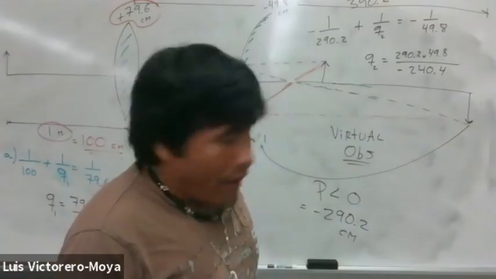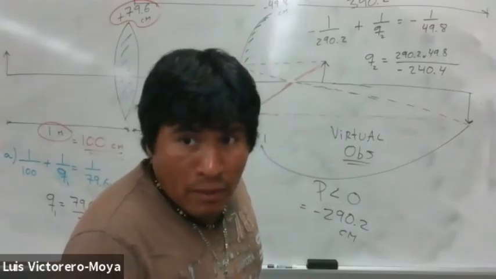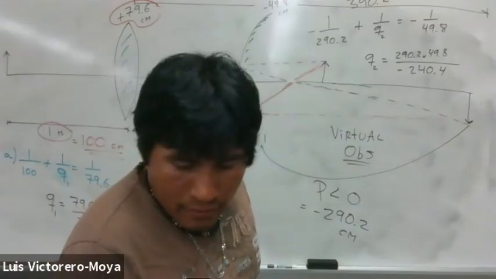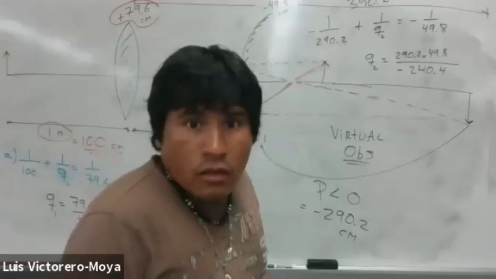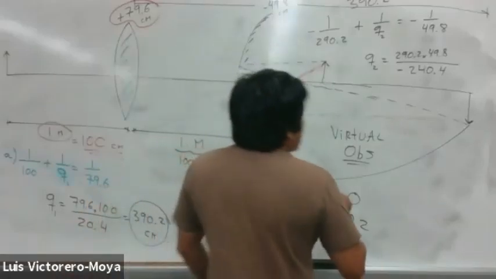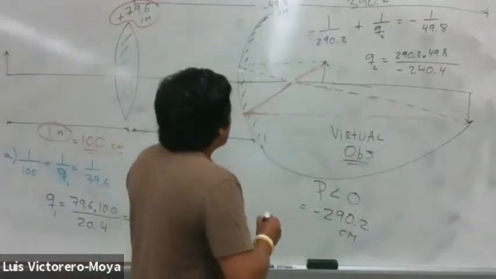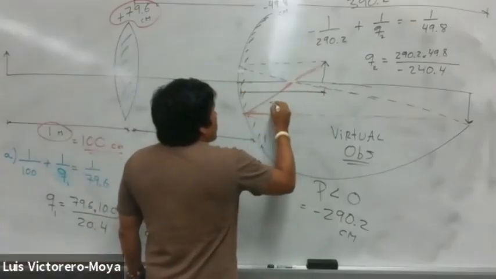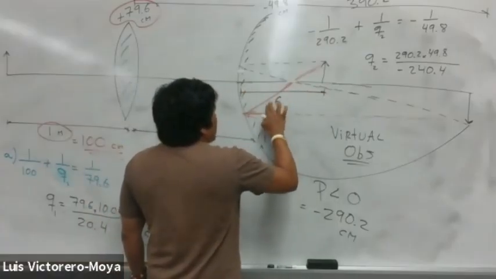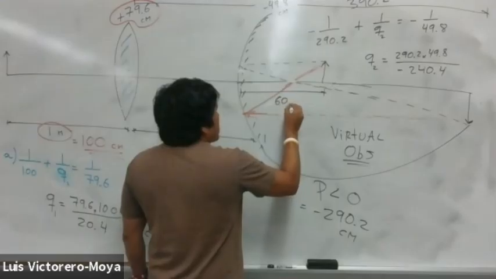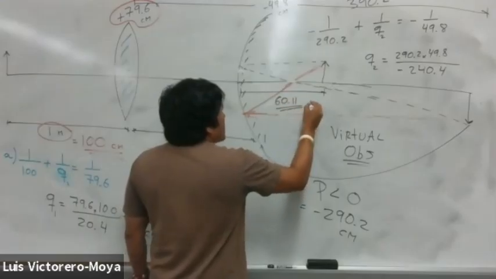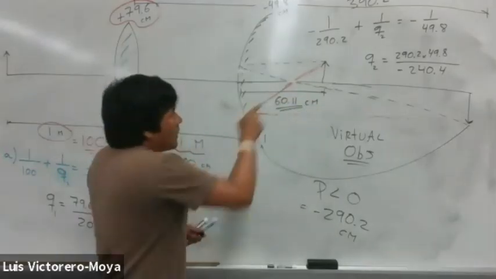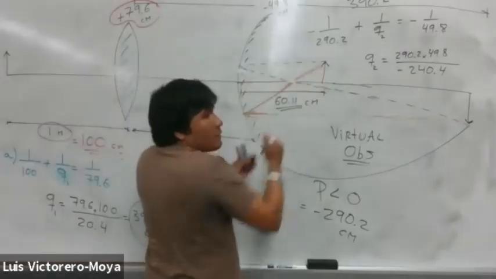So by combining it now, by remembering that we have a lens in there, so minus 60.1. So this is minus 60.11 centimeters. The minus means that it's still behind the mirror.